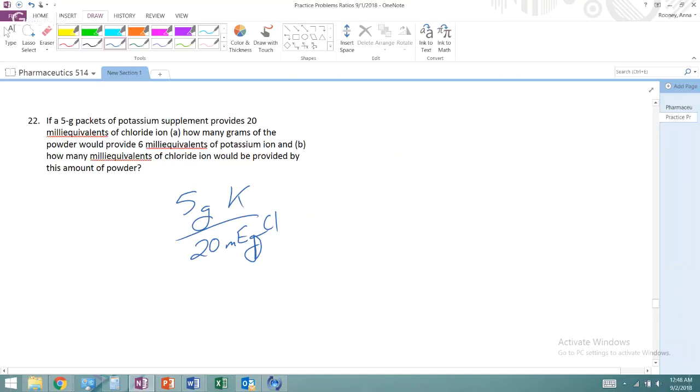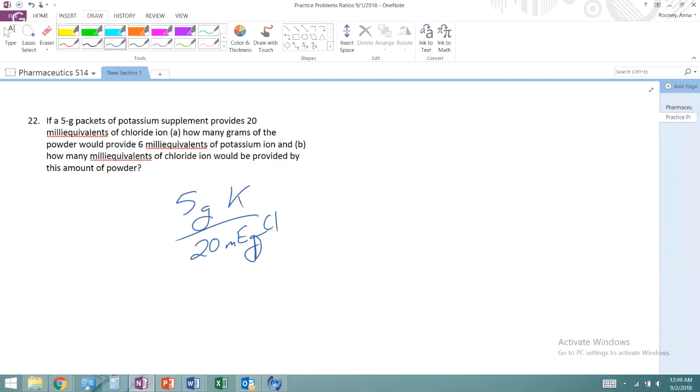Their first question is, how many grams of powder would provide 6 milliequivalents of potassium ion? Okay. And B, how many milliequivalents of the chloride ion would be provided by this amount of powder?